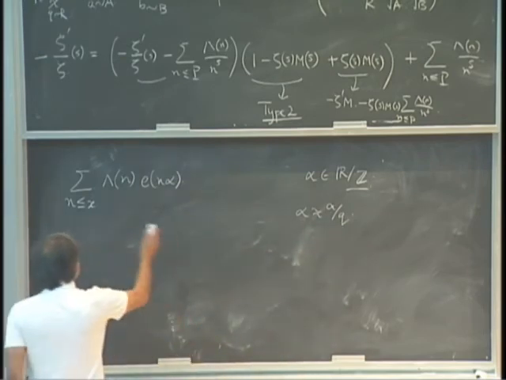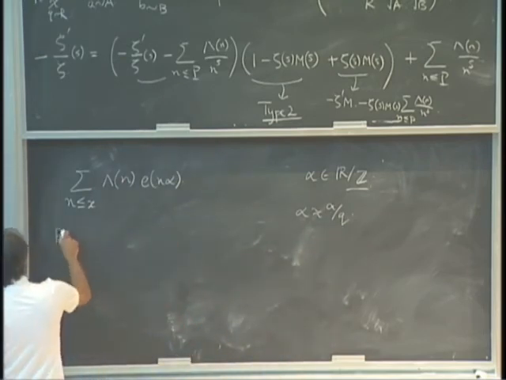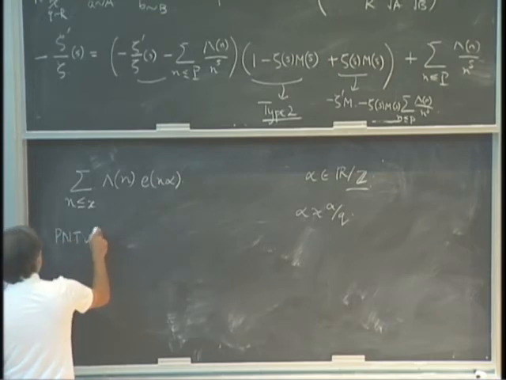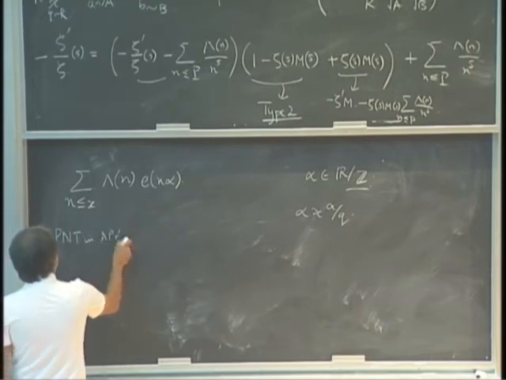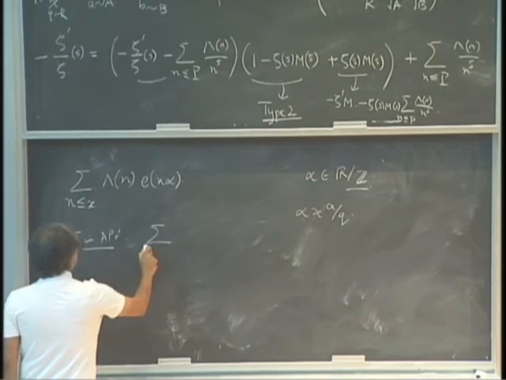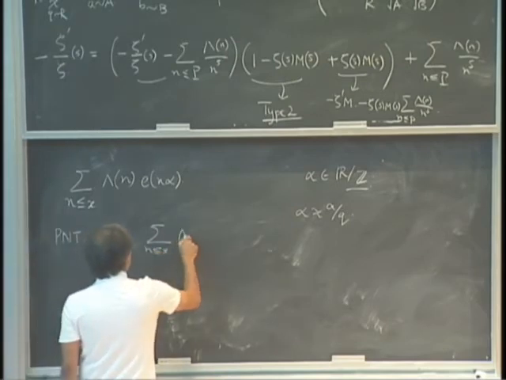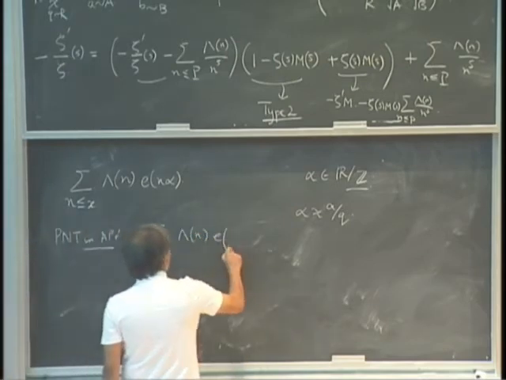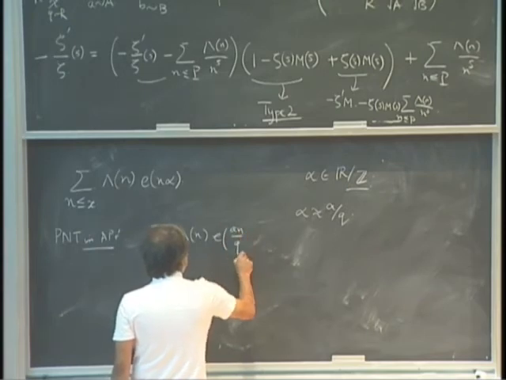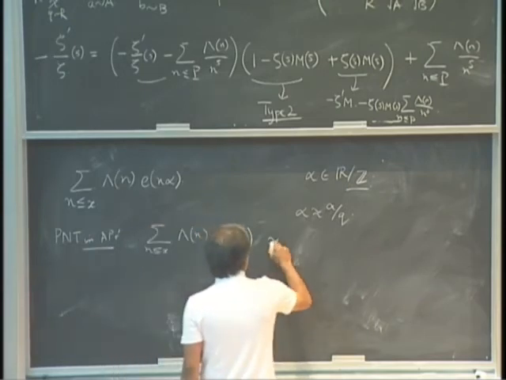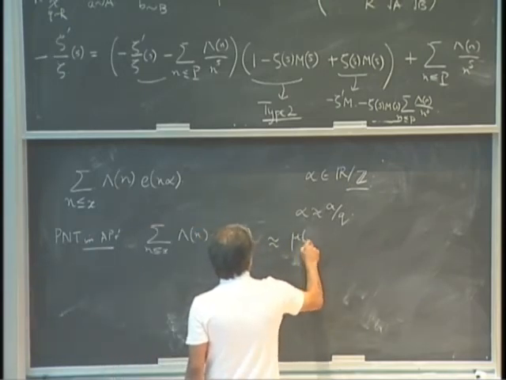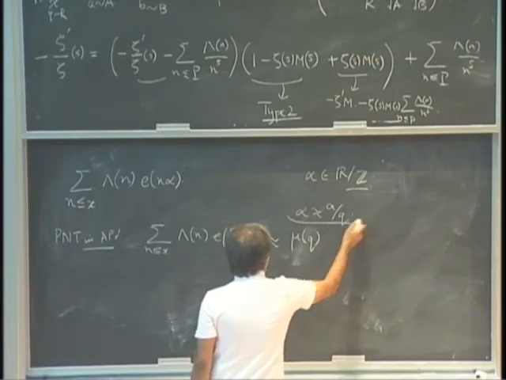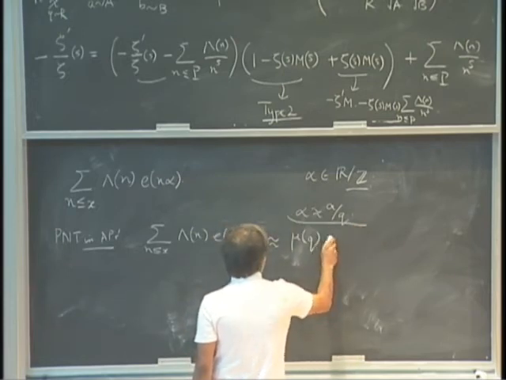Okay, so the prime number theorem in arithmetic progressions would say that if you wanted to look at the sum n up to x of lambda of n e of a n over q, you might expect this to be very closely approximately something like mu of q times x over phi of q.